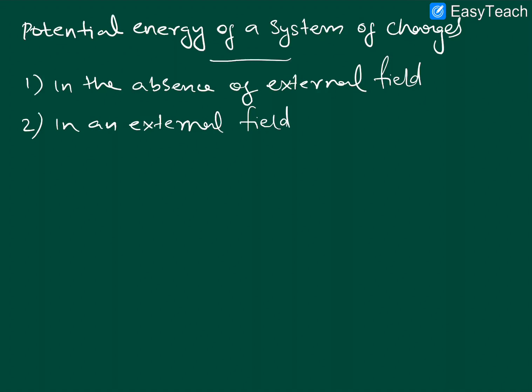Before going on to all those details, I will first discuss what is meant by this topic. You need a system. The system can be in any shape or configuration. So let us say you have three charges, Q1, Q2 and Q3, in the form of a triangle. This is a system.